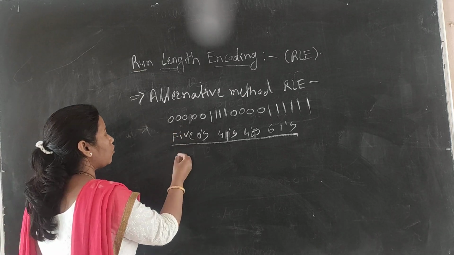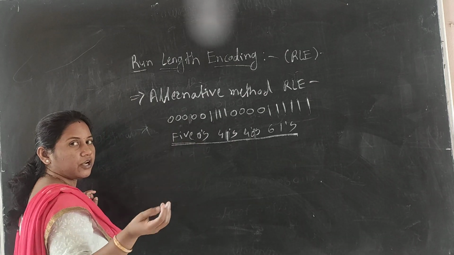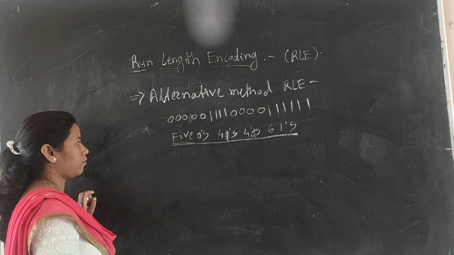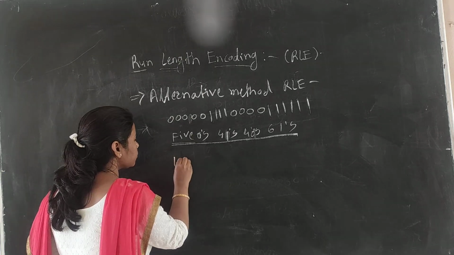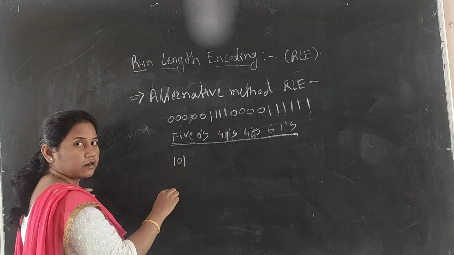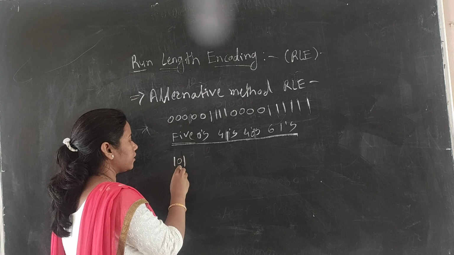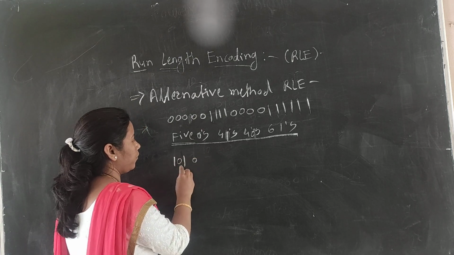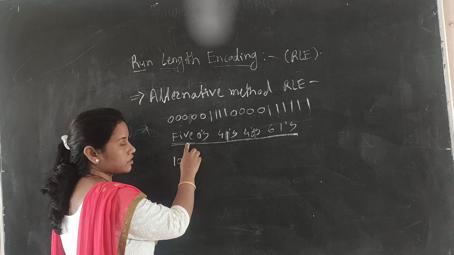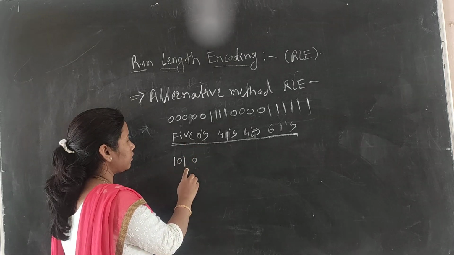That's why we have to represent the 5 in binary. In 3-digit binary format, 5 is 1 0 1. So 5 zeros is 1 0 1 followed by 0, which we write in binary as 1 0 1 0.